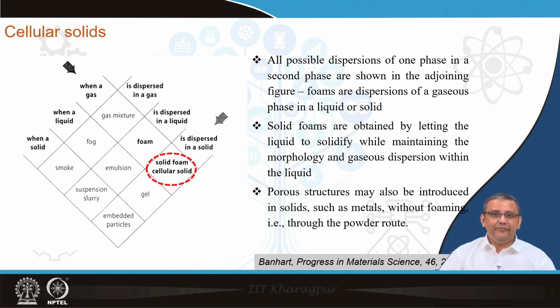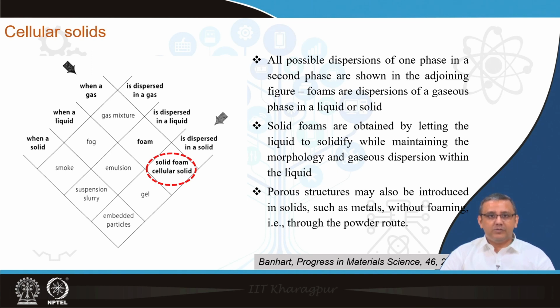That means, if we have molten aluminum with gas bubbles, and by keeping the gas bubbles inside the metal, the metal is brought below the melting point of aluminum so that the aluminum phase solidifies but the gas bubbles remain inside the material, we obtain an aluminum foam. The same goes for other kinds of foams.